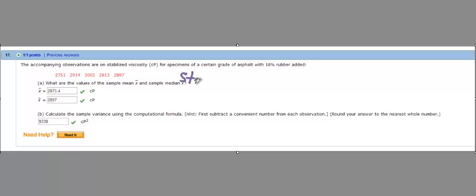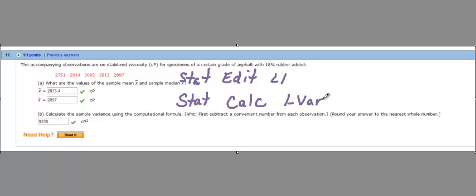I keyed stat, and then edit, entered these values into L1, and then did stat, scrolled over to calc, and then did one variable statistics on this, making sure, because before I had looked at my numbers in list 1 and list 2, that my X's were listed as L1.